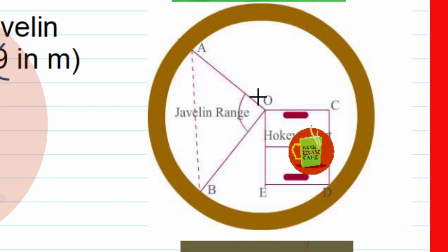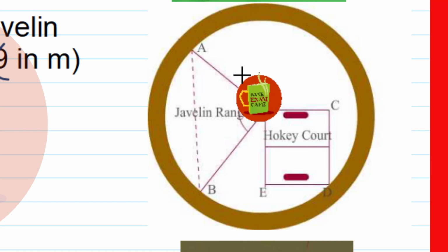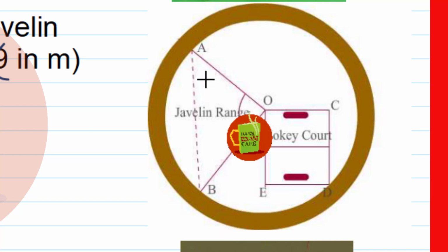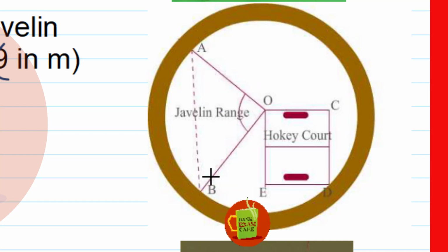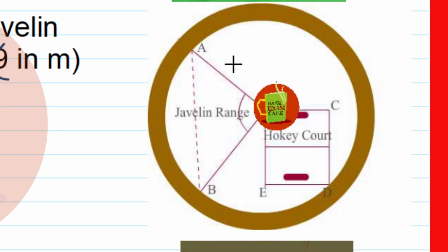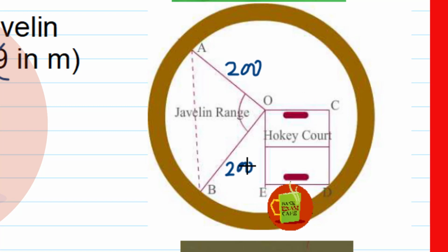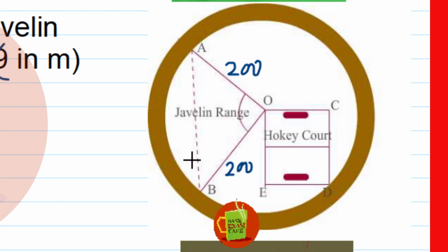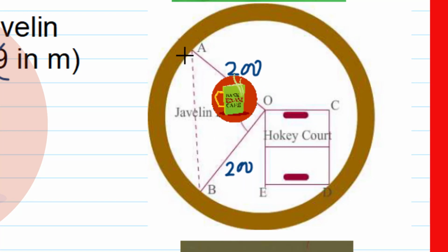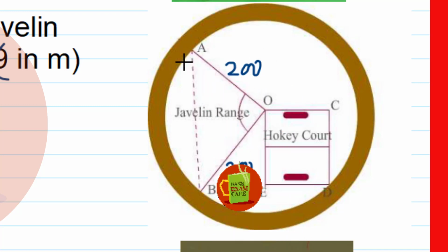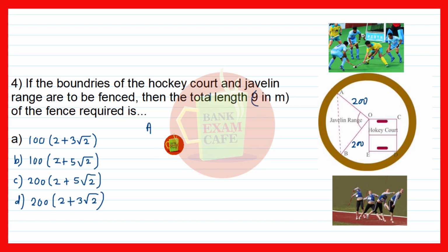Now, to find the perimeter of this triangle OAB, we do OA plus OB plus AB. OA is given to us, that is 200 meter. OB is also 200 meter. To find the perimeter, we will require AB. How will you find AB? We will find AB using the Pythagoras theorem. The square of 200 plus the square of 200 is equal to AB square.